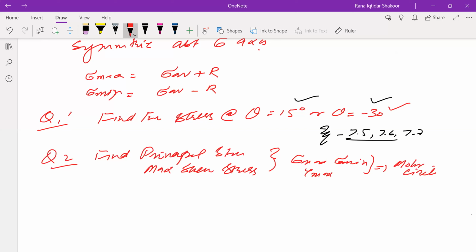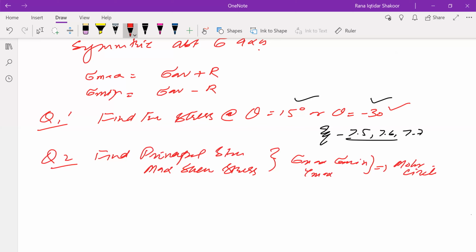For stresses at any particular angle, you go for the angular equations. If you are asked for the principal stresses or the maximum stresses, you draw the Mohr's circle and directly find the values of sigma max, sigma min, or tau.